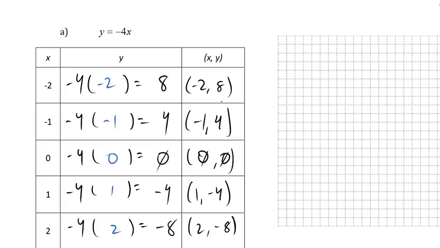So this is like substitution kind of that we did earlier, right? You're just subbing in values for X. But you're also thinking about the relationship negative 4 times X. So negative 4 times, like I said, each of these X's.